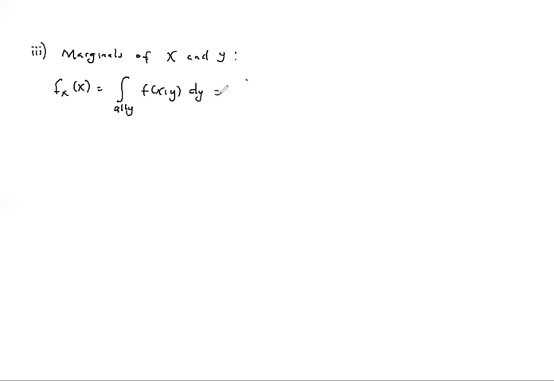That is from 0 to 1, x plus y dy, which is xy plus y squared over 2 from 0 to 1, and this is just x plus half, provided x runs from 0 to 1. So we put that because we are dealing with x.